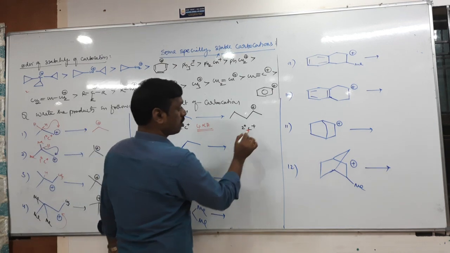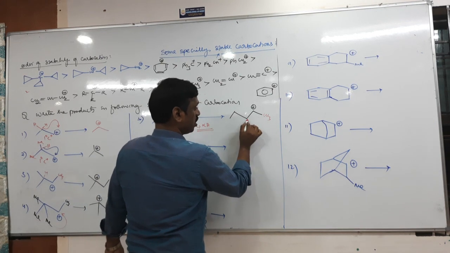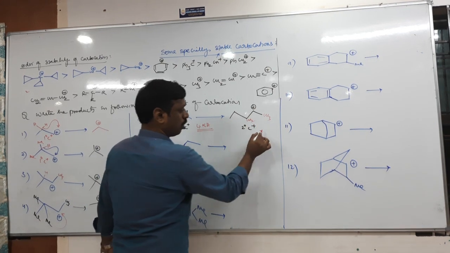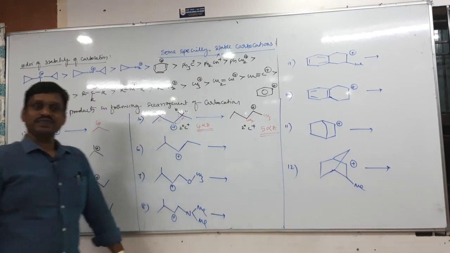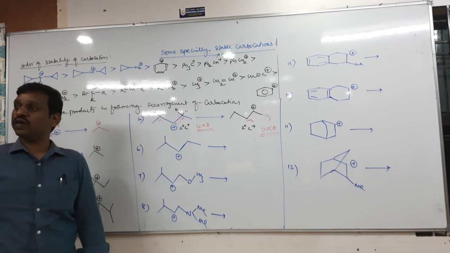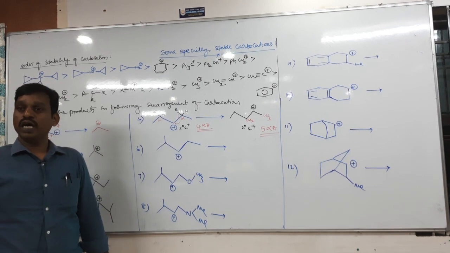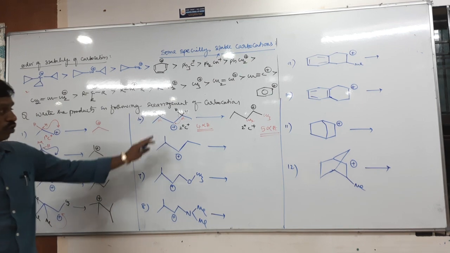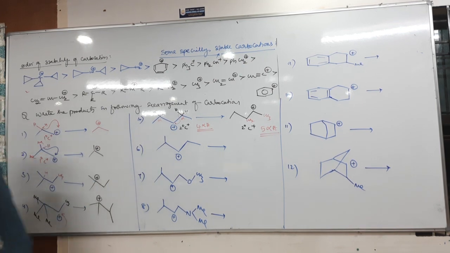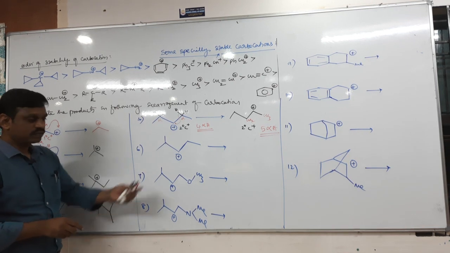But here how many alpha hydrogens? CH3, CH2, how many? 5 alpha hydrogens, this is more stable, because as the number of alpha hydrogens increases, hyperconjugation increases, stability increases, even though both are secondary, right? Both are 2 degree, but one is more stable because of hyperconjugation.